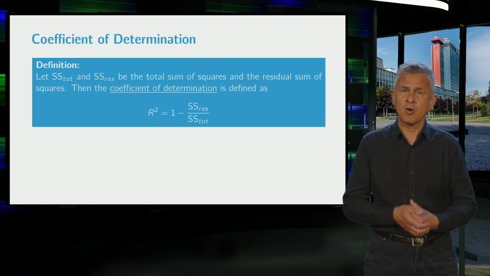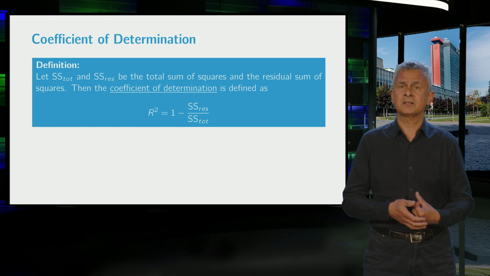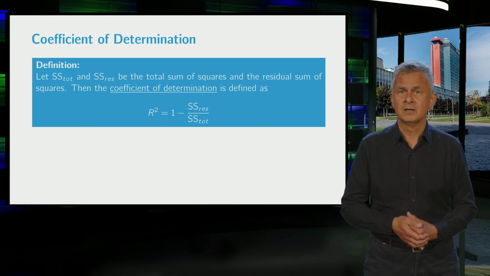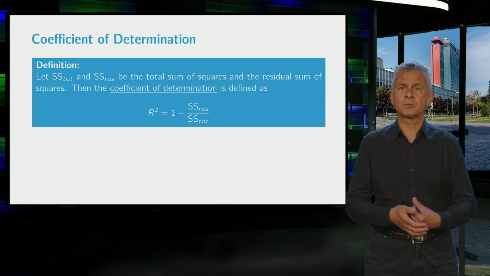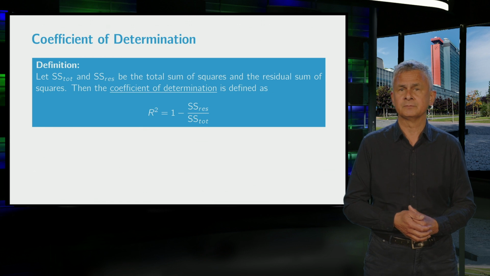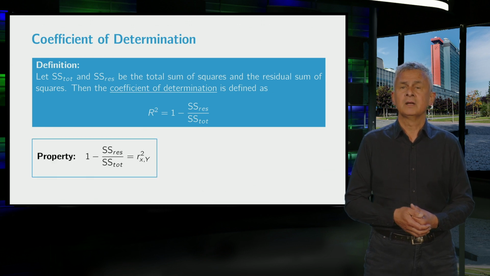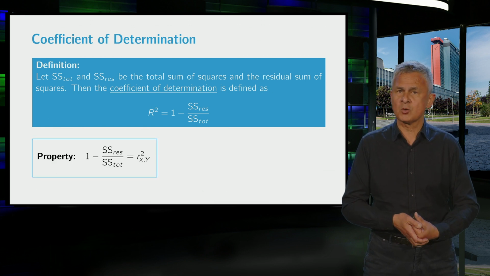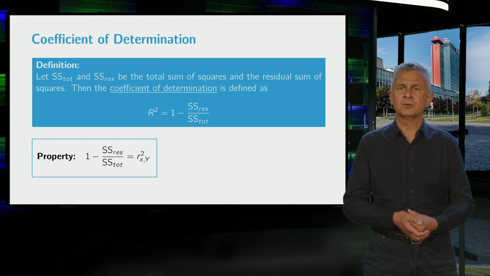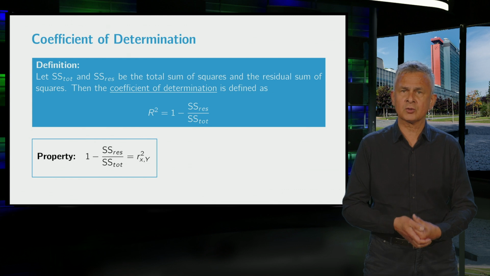So this leads to the coefficient of determination that can be used to assess the quality of the fit. It is defined as 1 minus the proportion of variation in y due to measurement error. It is usually denoted by r squared, and this is due to the property that the expression turns out to be equal to the squared correlation coefficient between x and y.